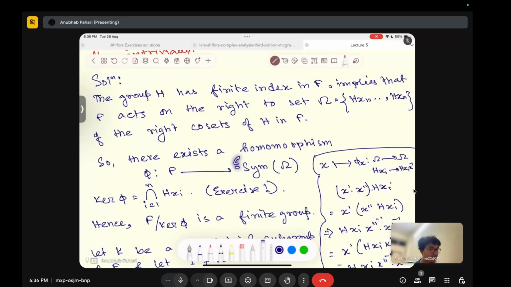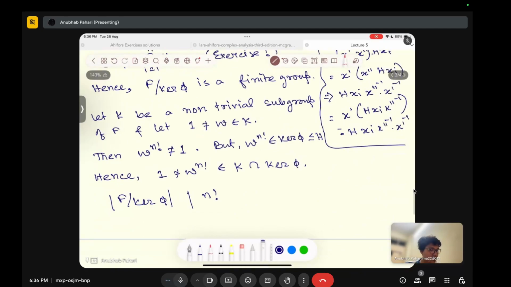By the fundamental theorem of isomorphism of homomorphisms, the order of F by kernel phi should divide n factorial, right? Say it is K. Then since you took W from F, a random element, W bar belongs to F by kernel phi. I mean this is an element of this.